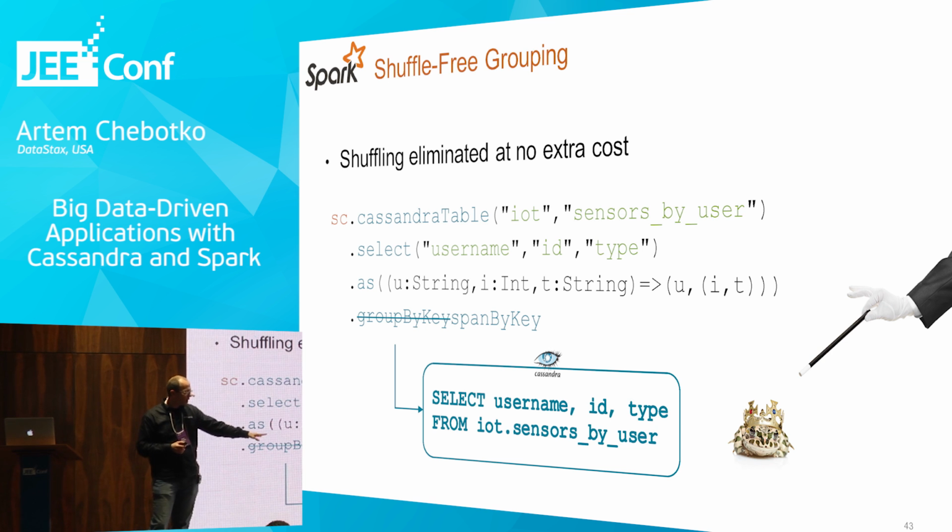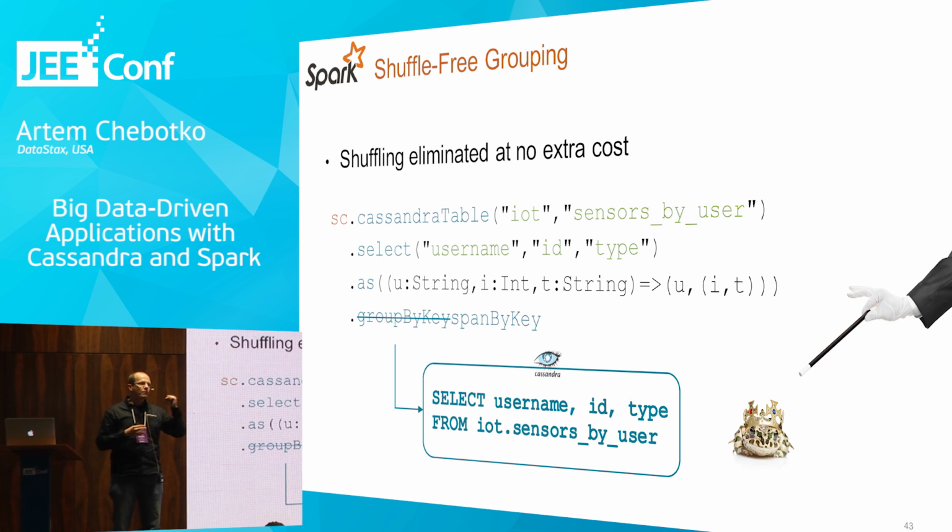But here is the best optimization you can have. Instead of group by key, you can use span by key, which is not Spark API. It's again Spark Cassandra connector API. And the reason you can use it is because, remember this table sensors by users? We already have data partitioned in Cassandra based on username.